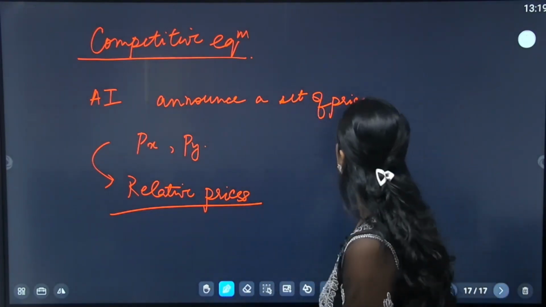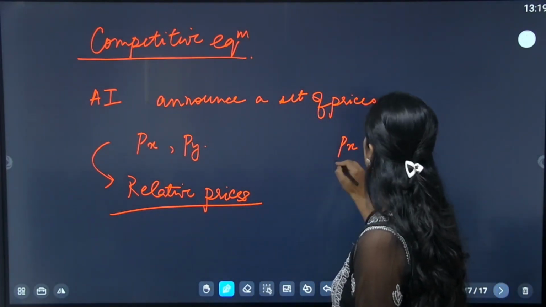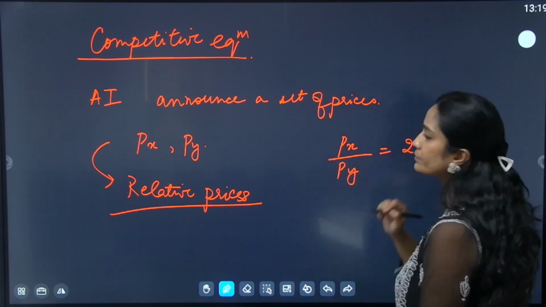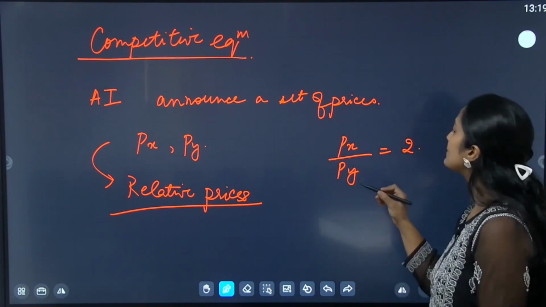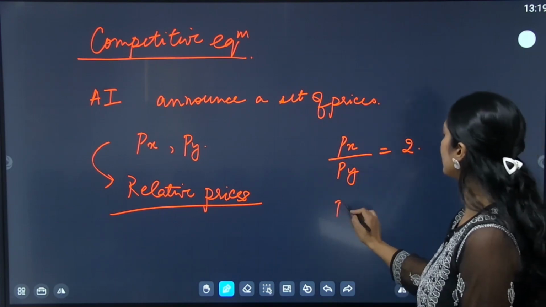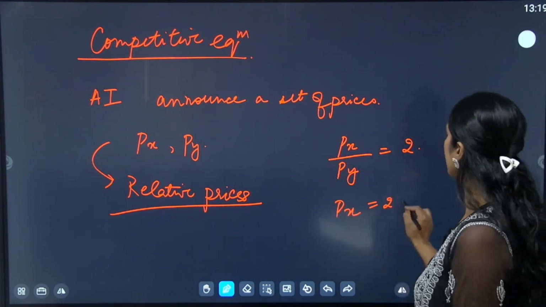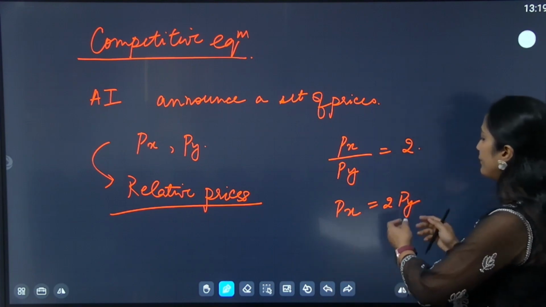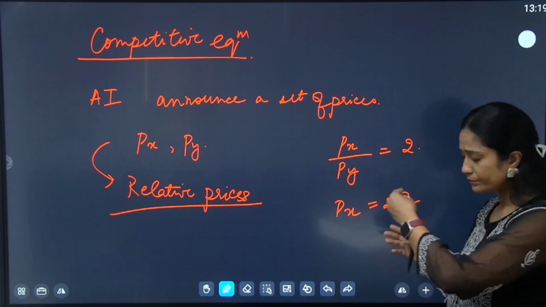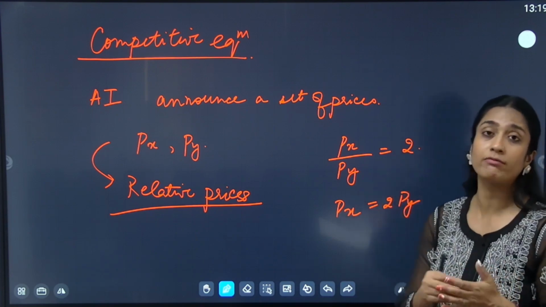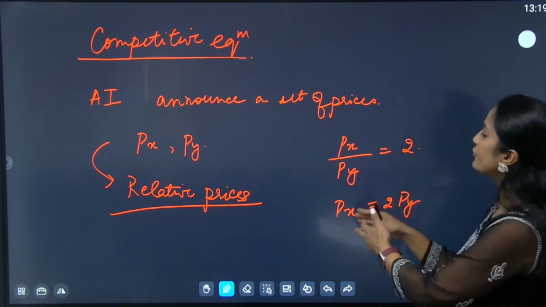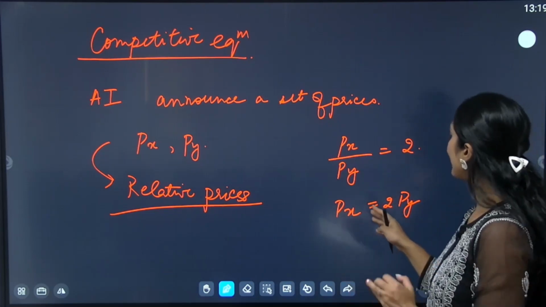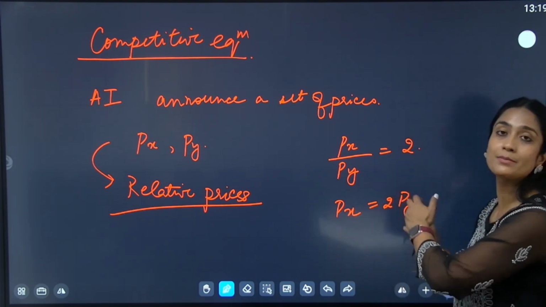So suppose PX by PY is 2. So that means that PX is equal to 2 PY, correct? And therefore, if you have 1 unit of good Y, you can exchange it for 2 units of good X, right? So the price of X is twice the price of Y.